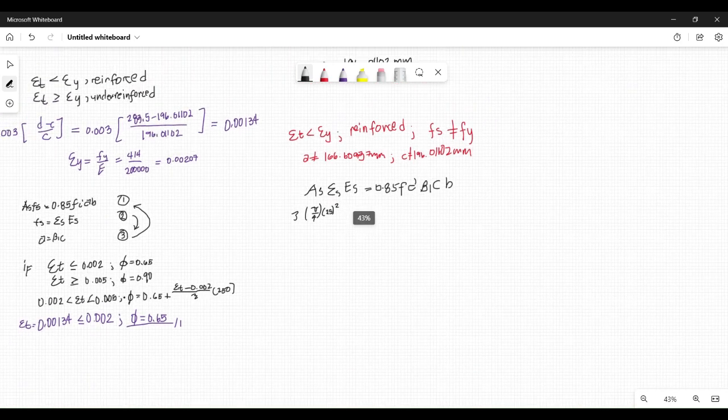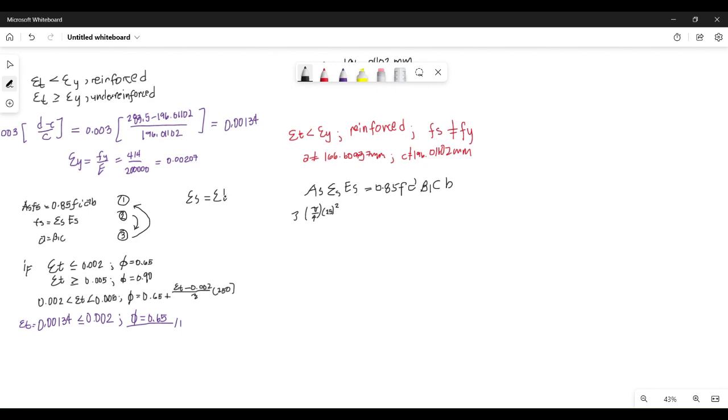Es natin, ano ba ang Es natin dito? Es is equal to Et. Okay? So ito, 0.00134.